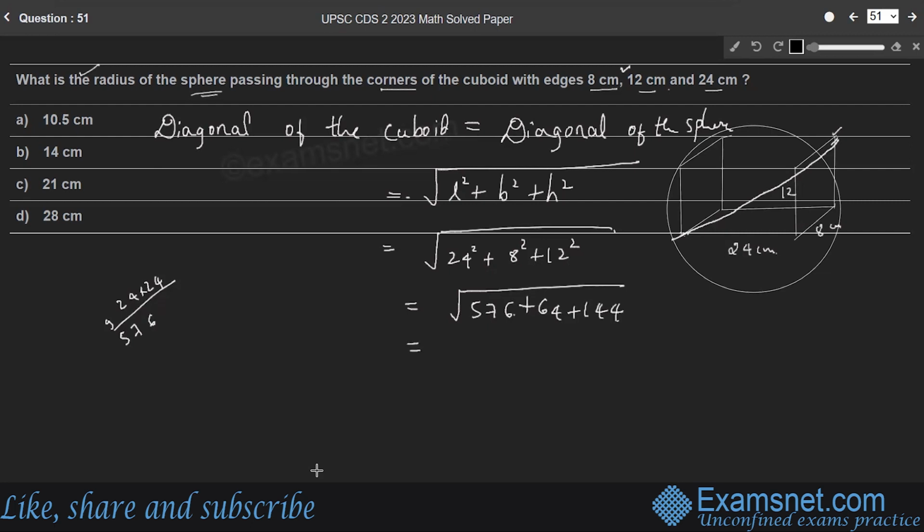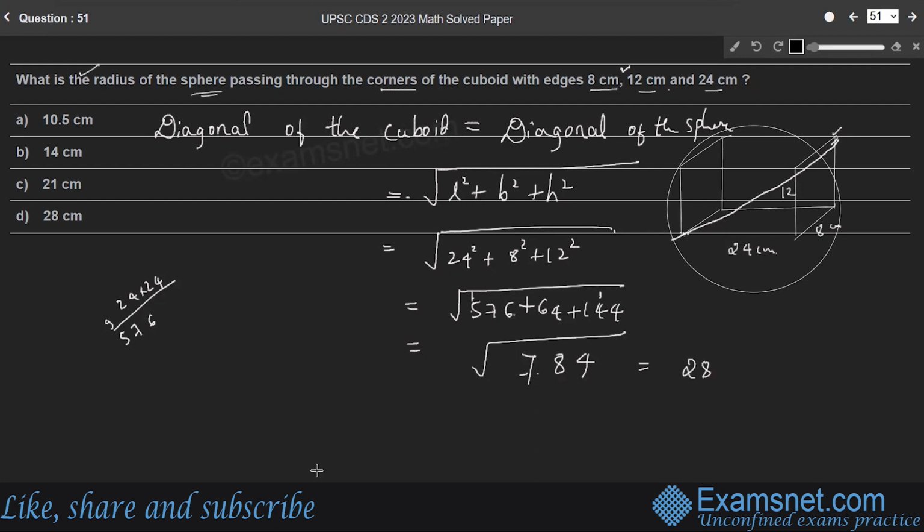Adding, we get 784. Square root of 784 is 28.